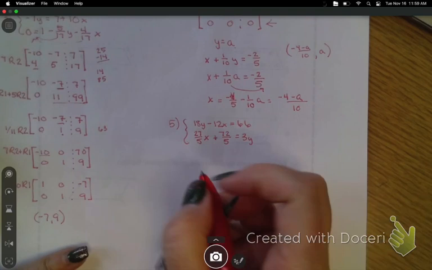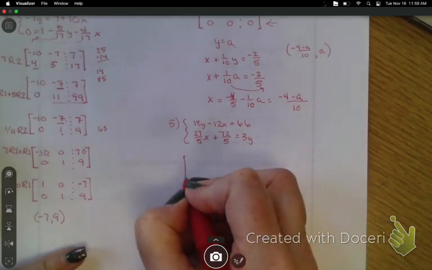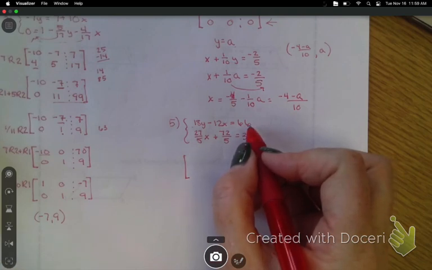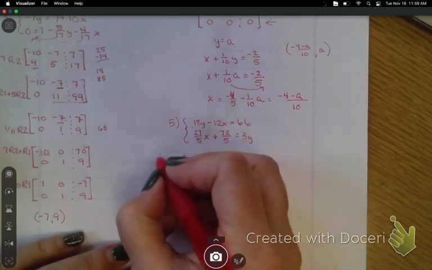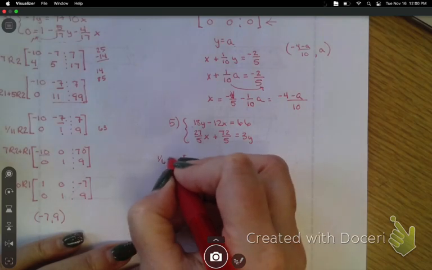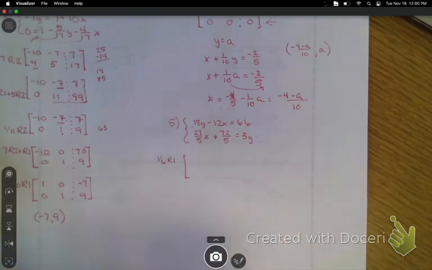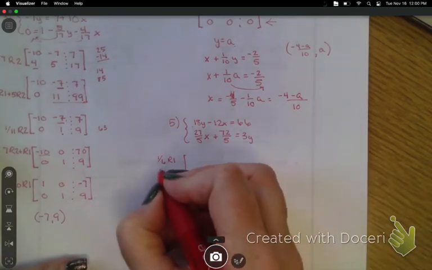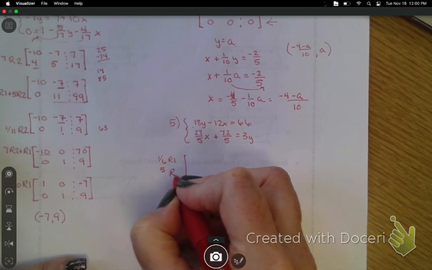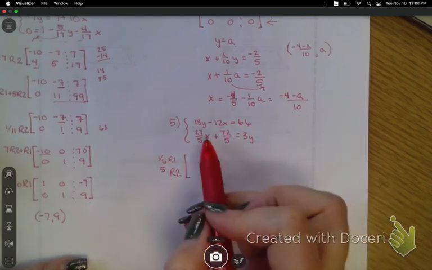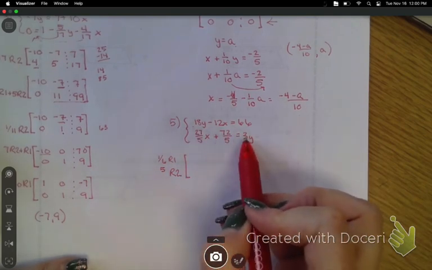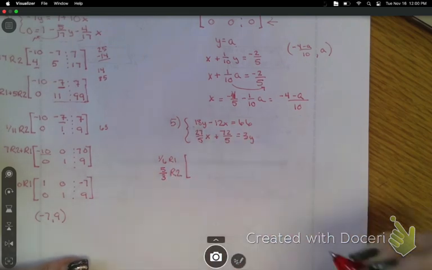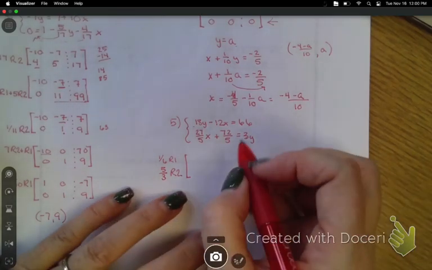So, again on this one, I see the first equation is divisible all by 6. So I'm going to take 1/6 R1. And I'm going to multiply by 5 definitely on R2. But in class, they noticed that 27, 72, and 3 were all divisible by 3. So they just did 5/3 to do both of that. So we'll go through that process here.